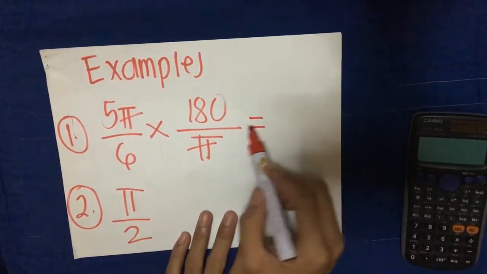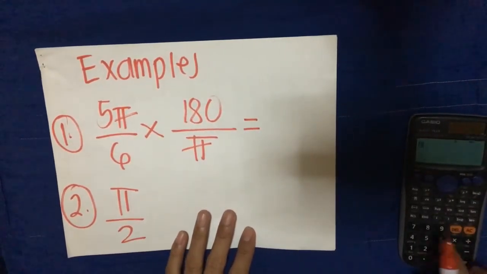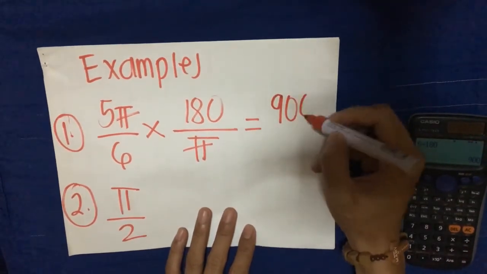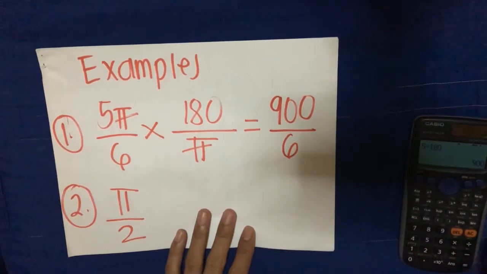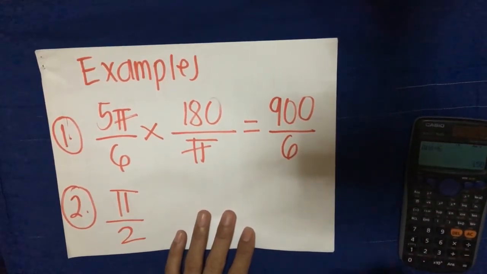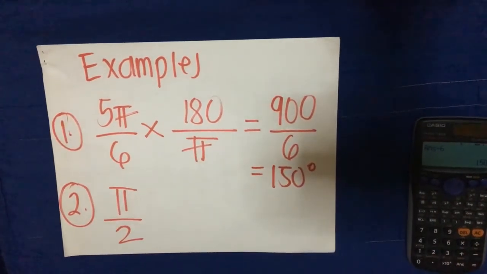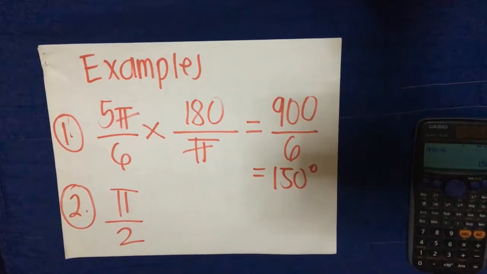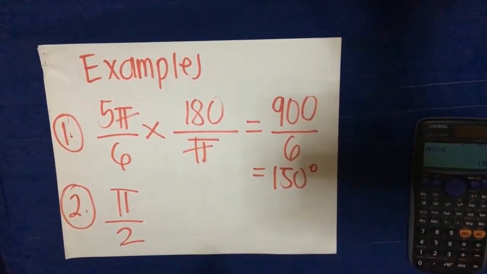So let's proceed to multiplication. 5 times 180 is 900, all over 6. So 900 divided by 6 is 150 degrees. Therefore, 5 pi over 6 is equivalent to 150 degrees. That's how you convert that one.